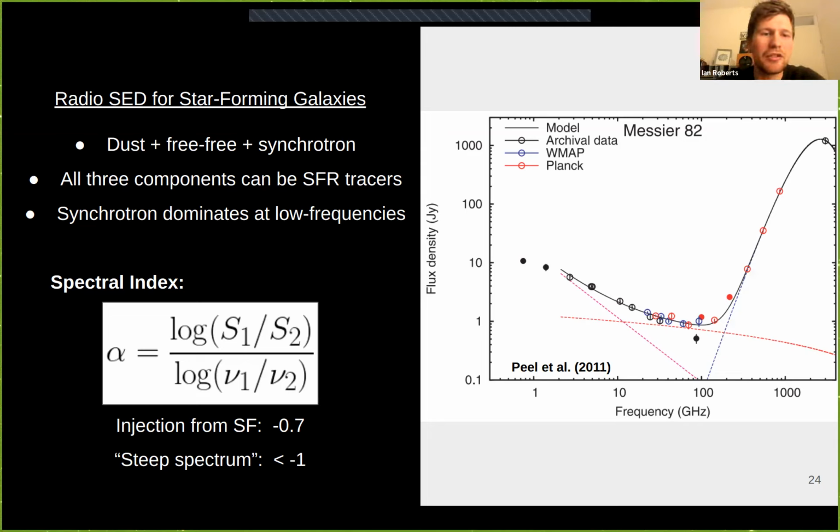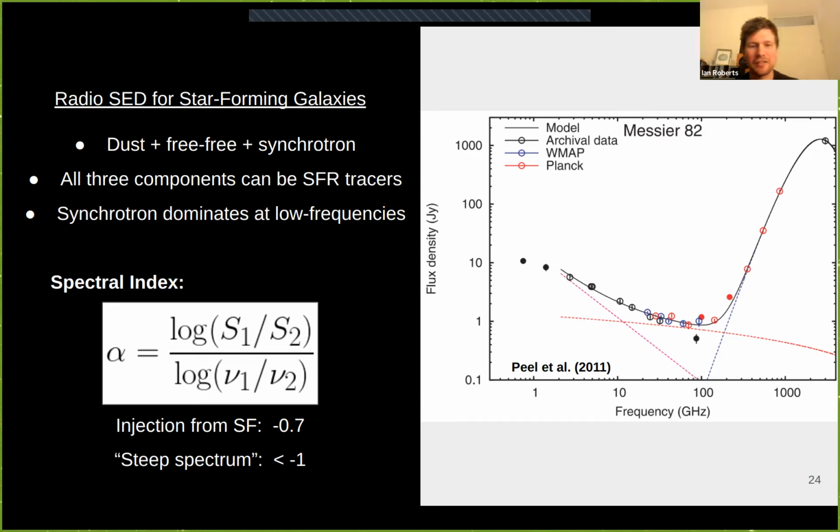This is really a combination of dust emission, which is at the high frequency end, above 100 gigahertz; free-free emission, which comes from HII regions and is generally brightest between 10 and 100 gigahertz, relative to these other components; and then at the low frequency end, below 10 gigahertz or so, you become dominated by synchrotron emission. This is what we are seeing with LOFAR, basically exclusively. Interestingly, all three of these components are tracers of star formation rate, just in slightly different ways.